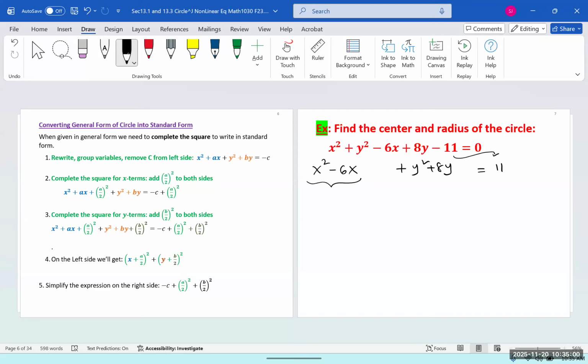So how do you complete the square? You take x, and then we take half of that. Whatever we have as the coefficient for the x term or the y term, you take half of the amount. That goes here.